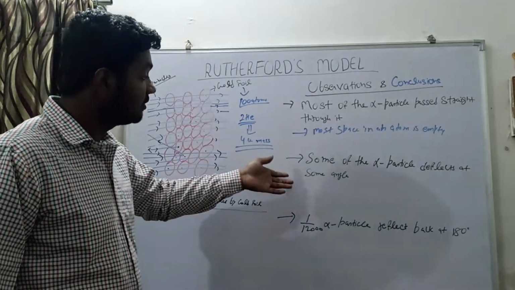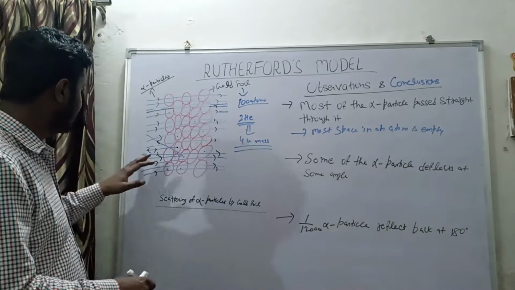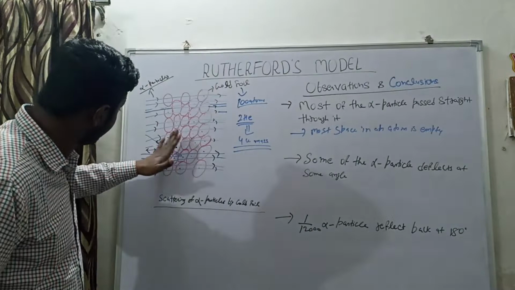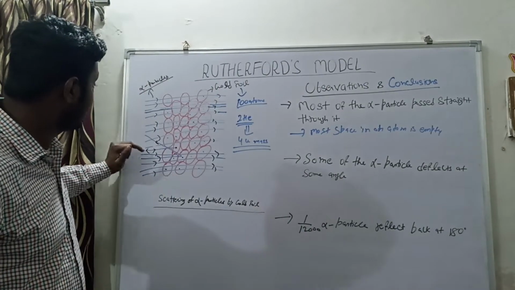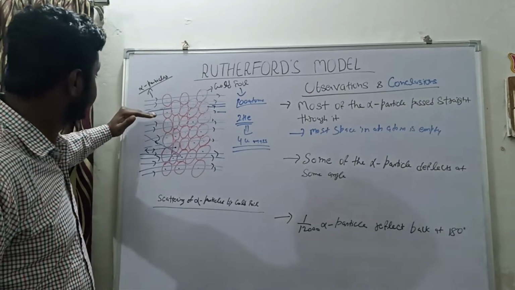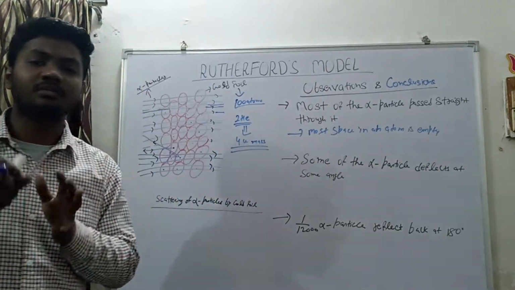In his second observation, he observed that some of the alpha particles reflect at some angle, as you can see here, like this particle deflects at some angle, this one at some other angle. But they are very few in number.